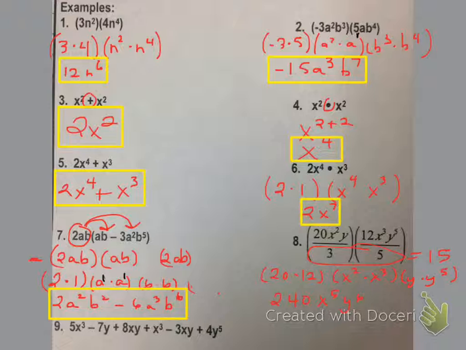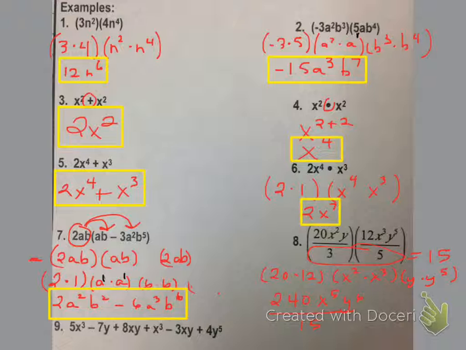All over 15. I know it's hard to see now because it's in the way, but you should have it written on your paper. Now you have 240 over 15. You can multiply and divide anything. So I need to reduce then. What's 240 divided by 15? 16.